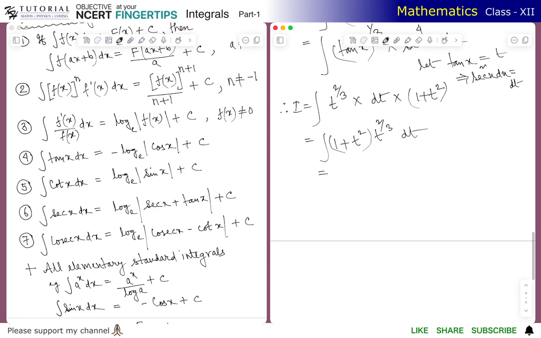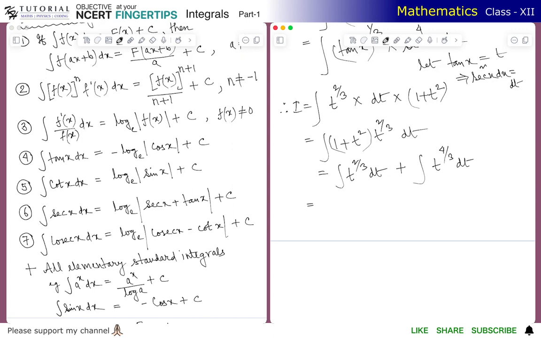So this becomes the integral of t to the power 2 by 3 dt plus t to the power 4 by 3. Now, the integral of t to the power n equals t to the power n plus 1 by n plus 1.